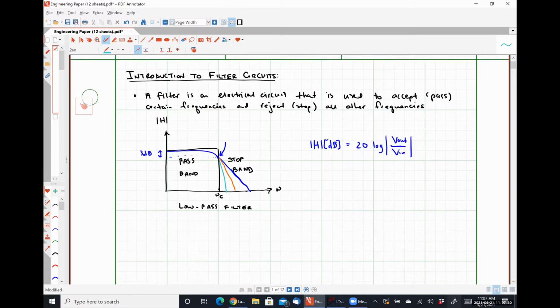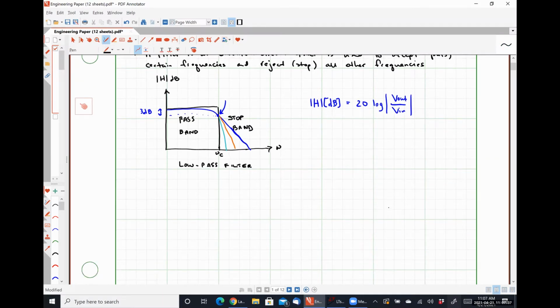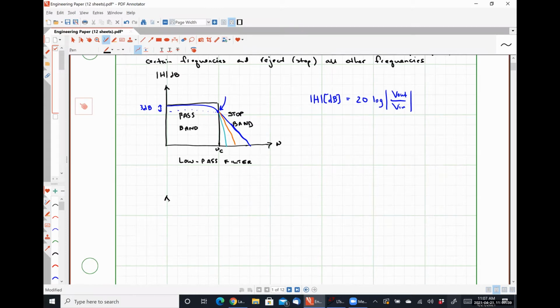All right. The next one that we are going to be talking about is what is called a high pass filter. So here's omega, and here's the magnitude of our transfer function in decibels. We have a corner frequency again, omega c.